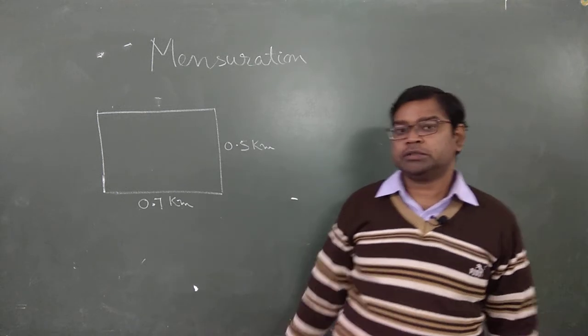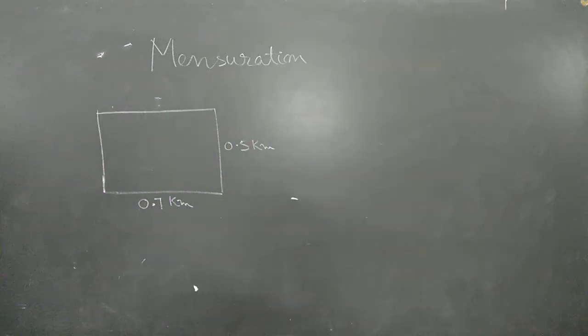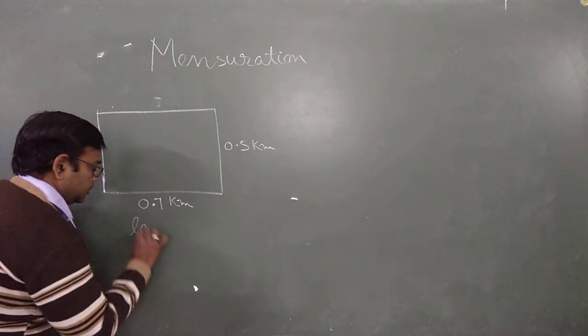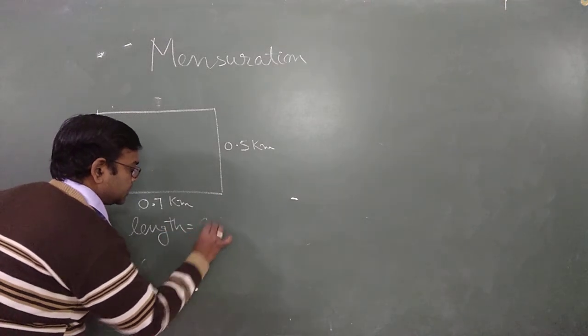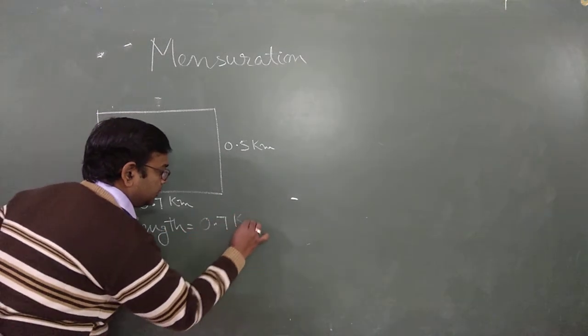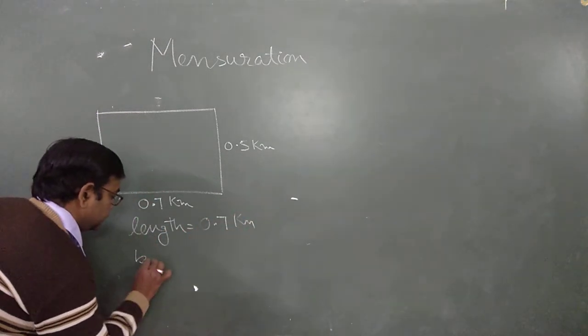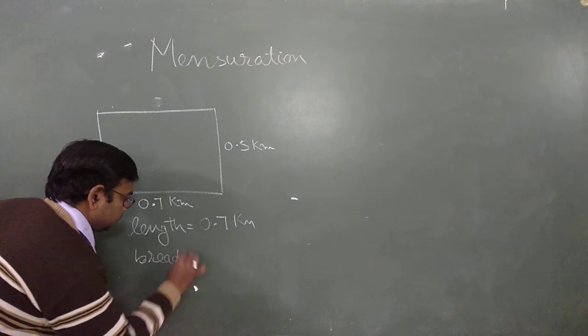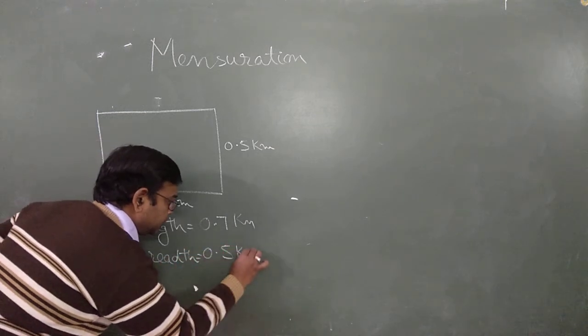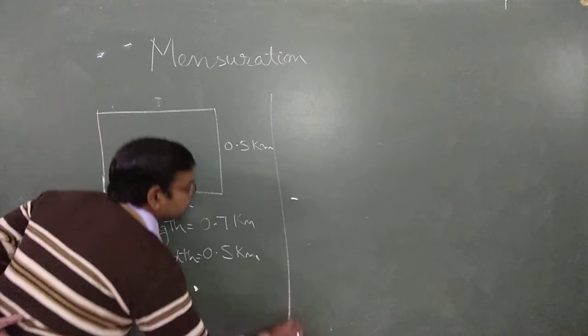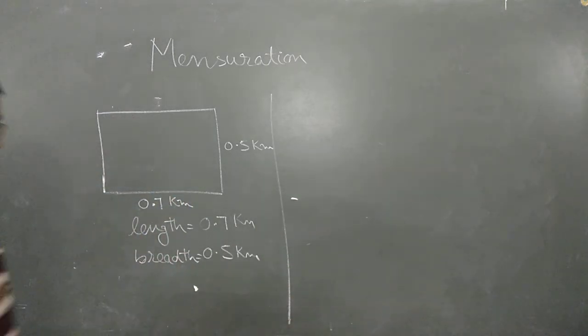So let's start. First, length is given to us. We must check whether the units are the same or not. Yes, units are the same. It's 0.7 kilometer, and breadth is 0.5 kilometer. Clear? Now move to the next part.